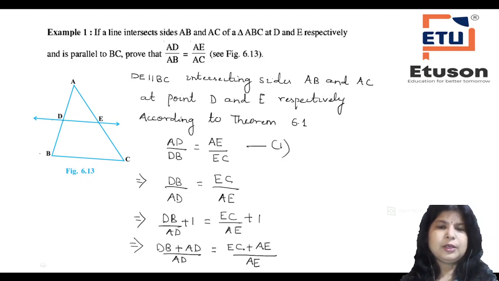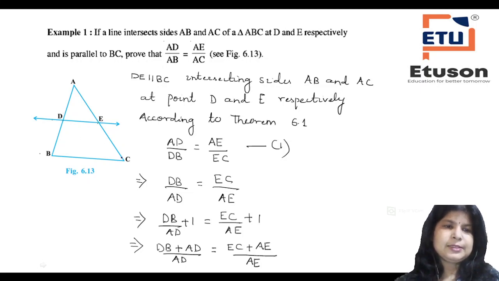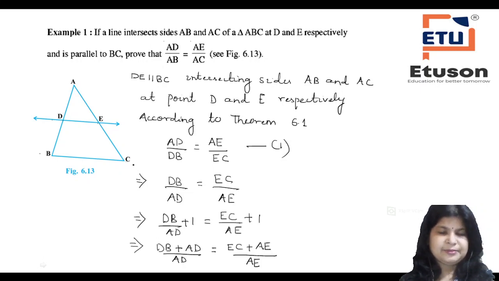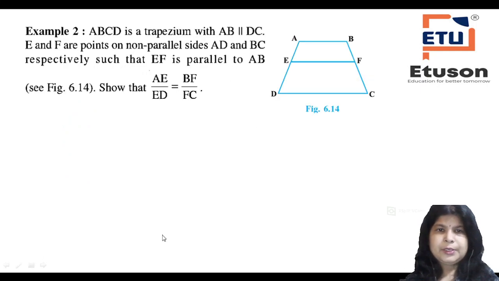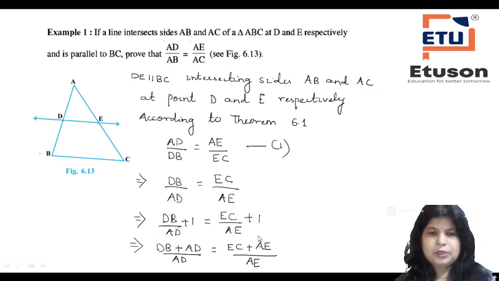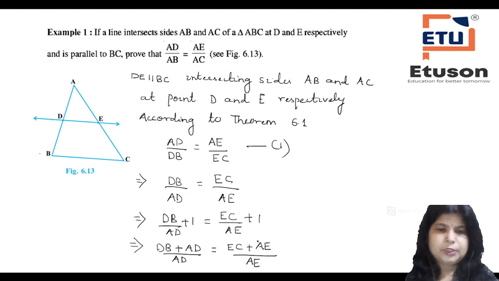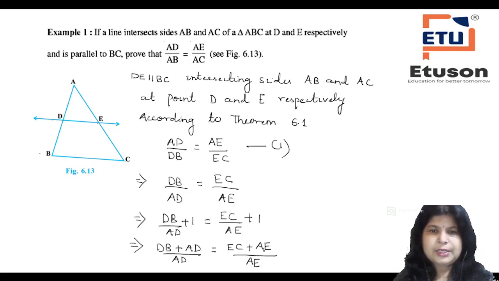And what about the other side, that is EC plus AE? EC plus AE is nothing but equal to AC. Correct or not?